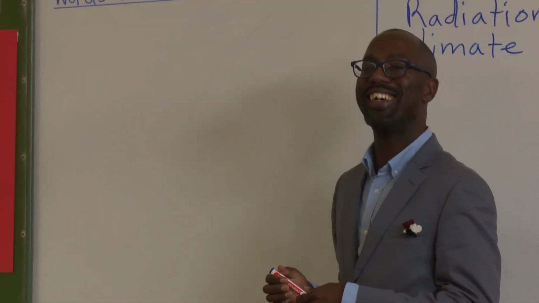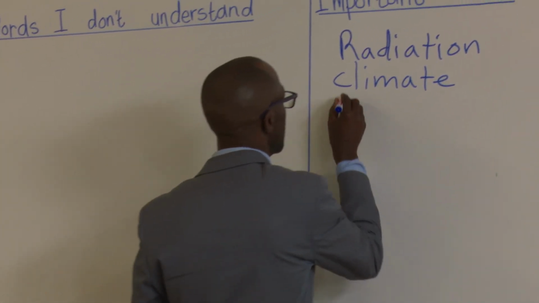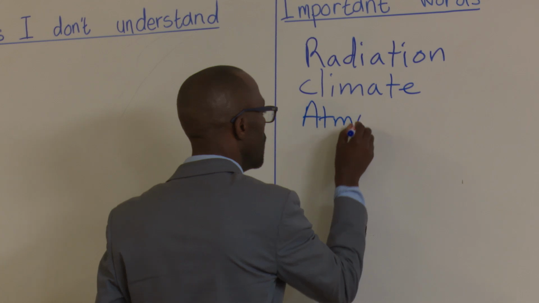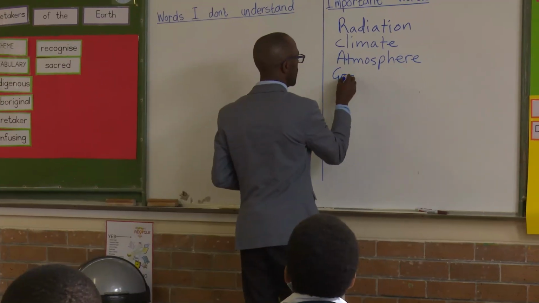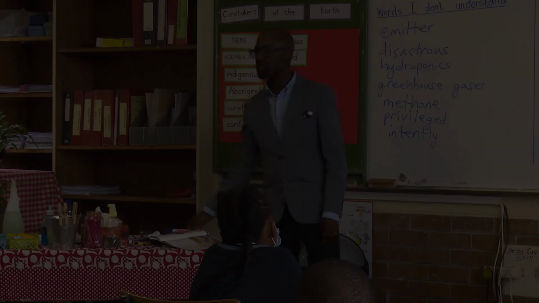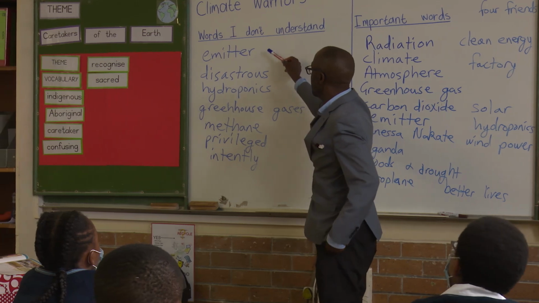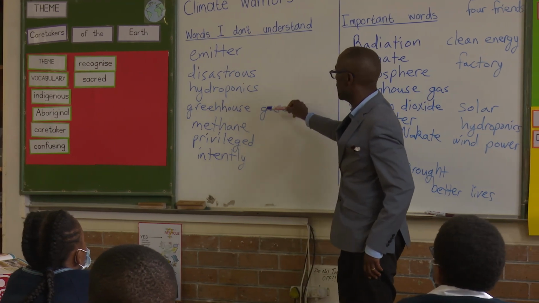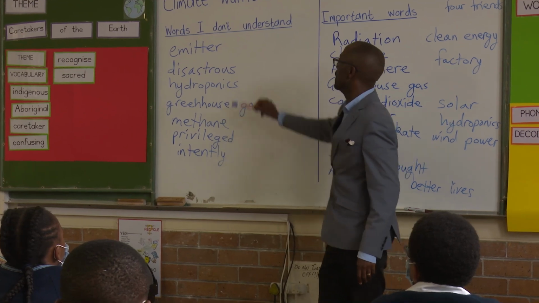Wanda? Atmosphere. Good. Greenhouse gas. Okay. Let's look at the words that you wrote that we don't understand. We have emitter, disastrous, hydroponics, greenhouse gases, methane, privileged, intently.